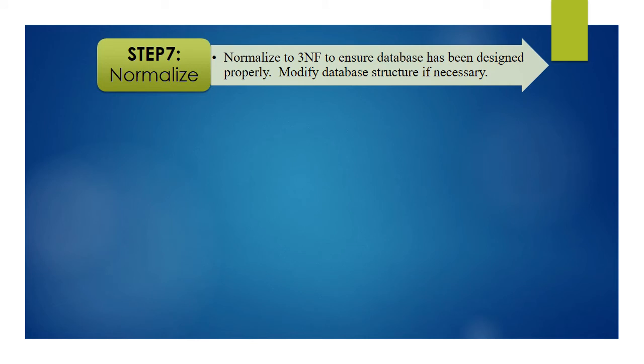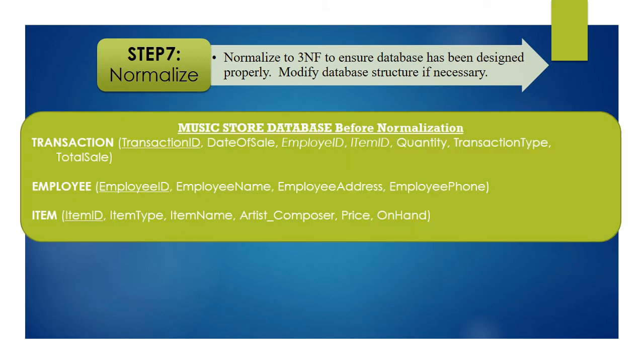For step 7, you normalize the tables to third normal form and modify the database structure if necessary. Let's check each of our tables for first normal form, second normal form, and third normal form. For the transaction table, all attributes are okay except for the total sell attribute, which is the calculated column and a violation of third normal form.